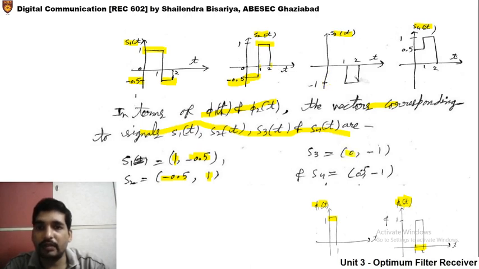In the second region it is minus 1, while phi 2(t) was plus 1, so we write minus 1. For S4(t), the first region is 0.5 and phi 1(t) was 1, so it is simply 0.5. And for the second region it is 1, same as phi 2(t). It should be 1 only, not minus 1. Am I clear?